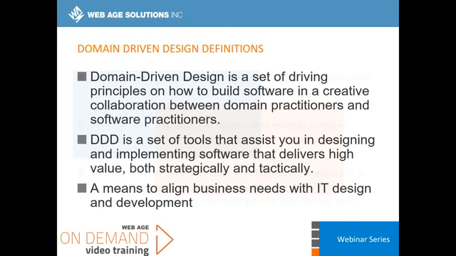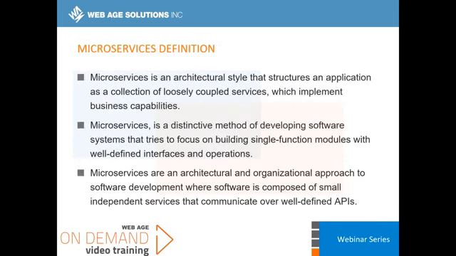So we'll come back to microservices, but since it's in the title, I wanted to make sure that we at least defined it up front. Okay, and so a couple of definitions here is that it's an architectural style, and that style is predicated upon the notion of loose coupling.